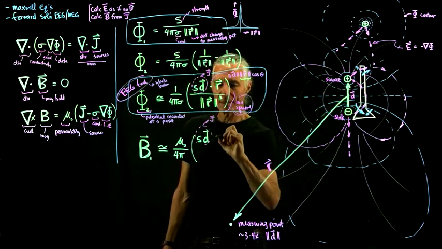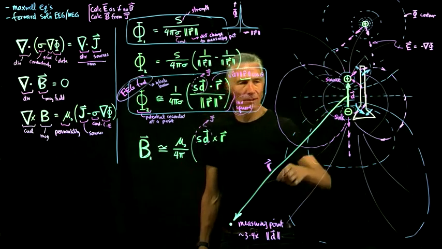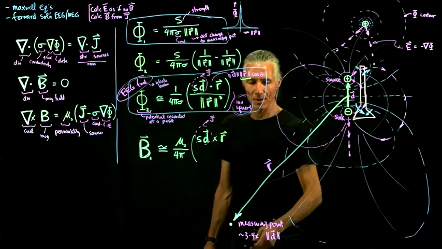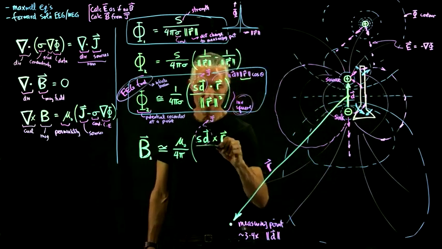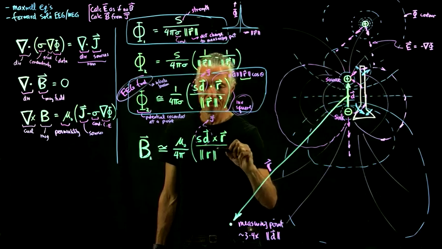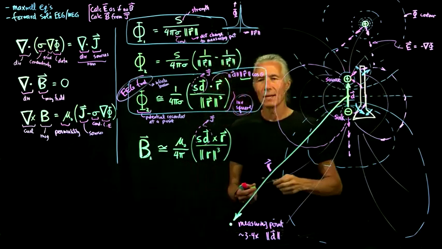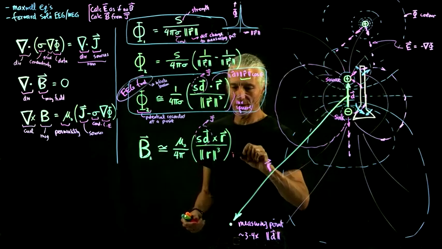The only difference is it's cross-producted with our recording site vector, the vector from where the dipole is to the measuring point, and then divided by the cube of the distance to the recording site. So this is also inverse square.